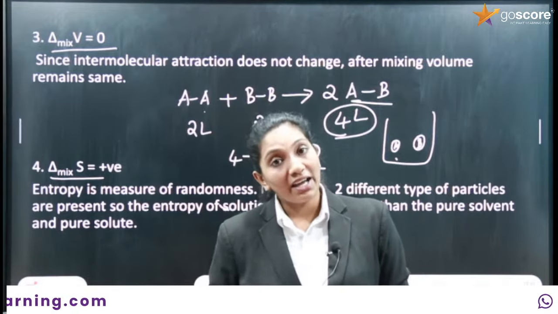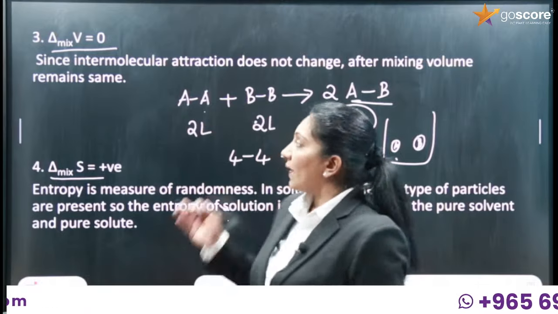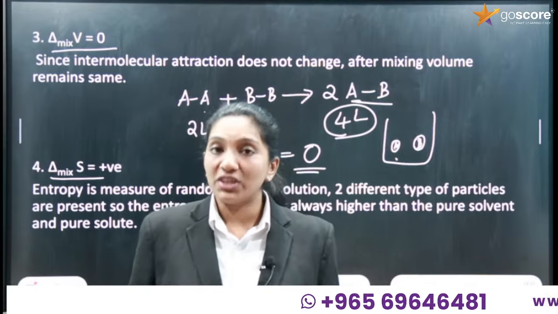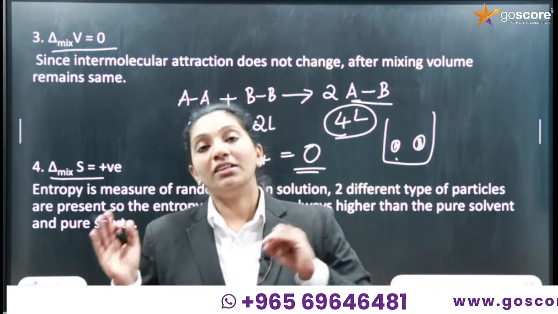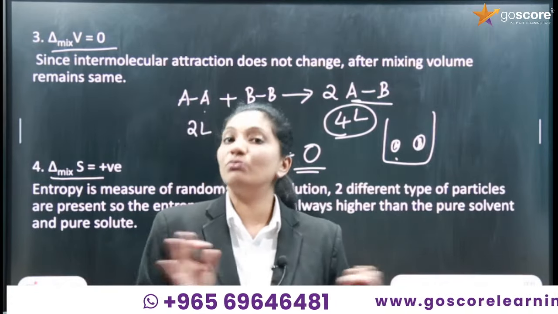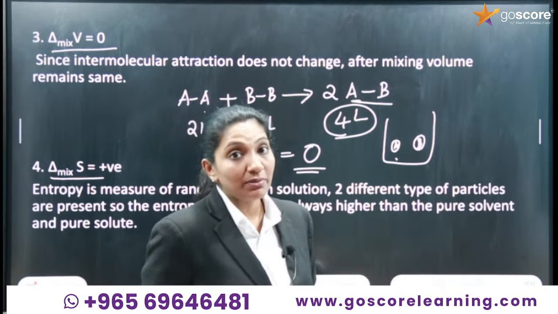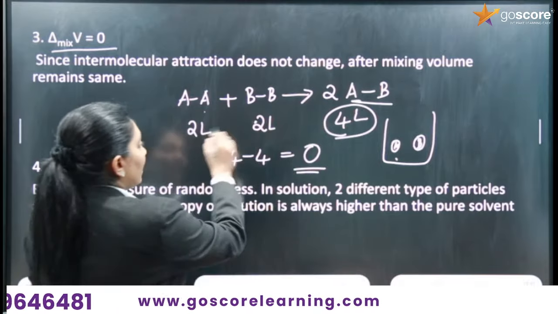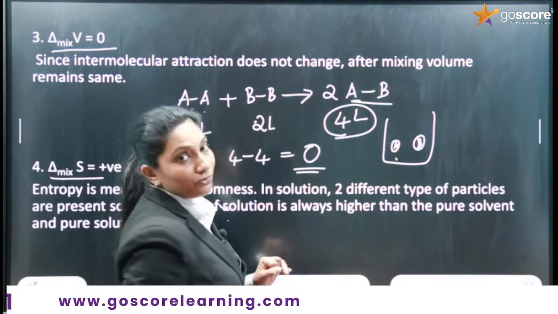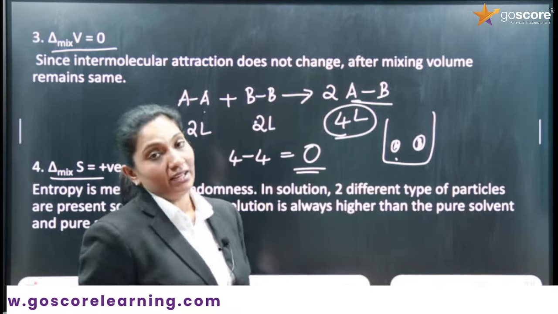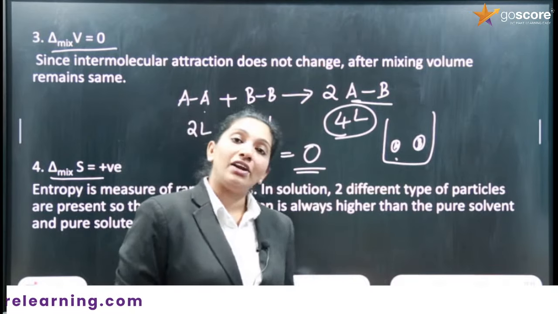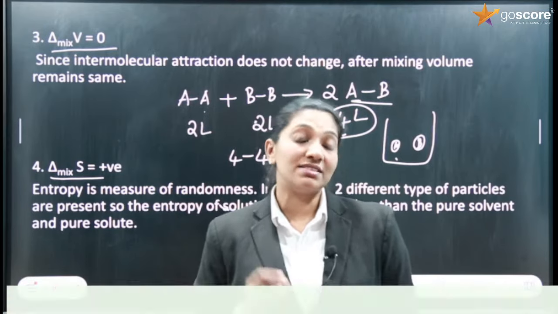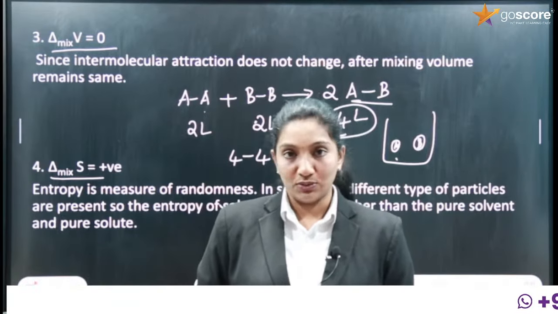So there delta H mixing will be 0, and also since the interactions are equal, there is no change in the volume after mixing. The volume before and after mixing will be equal. So delta V mixing, the change in the volume, that is the final volume minus initial volume, initial volume is 4, final volume is 4. So the change in the volume will be 0, right? Also the entropy will be a positive value. These are the four thermodynamic conditions that are required for the ideal solutions.